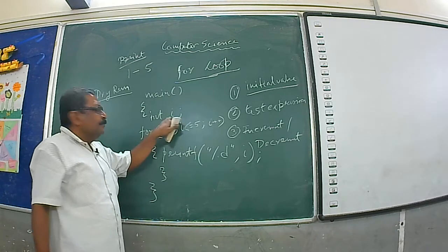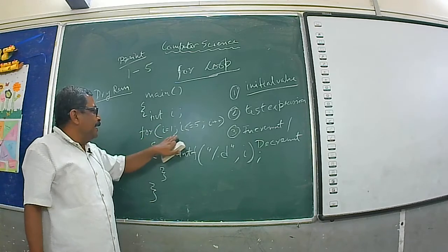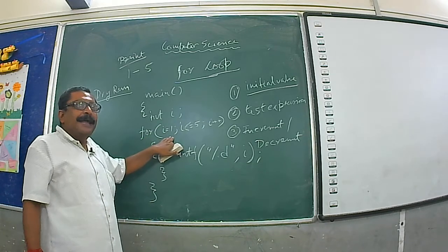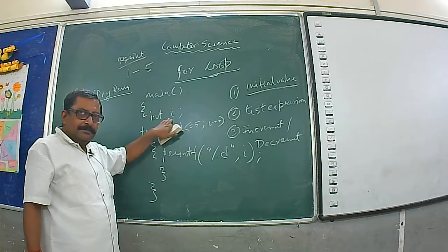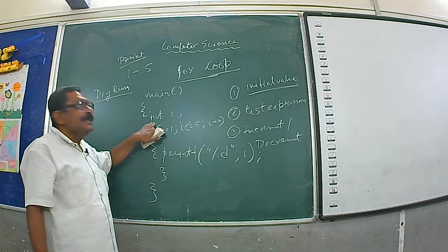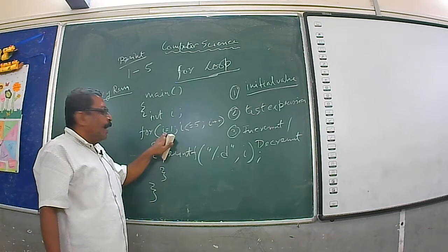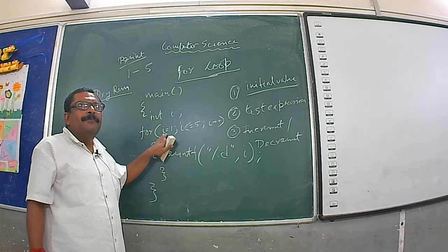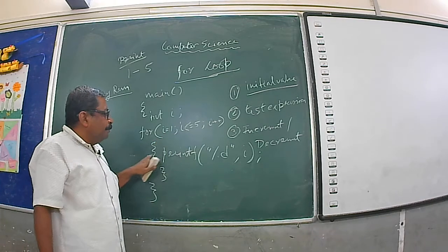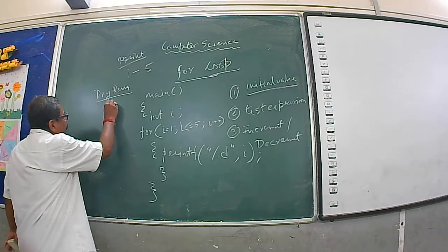So int i, that is a variable declaration, important, because you have used i within the program. That particular variable you have to declare, as well as its type, that is integer, int. i is equal to 1. First time the value of i became 1. printf percentage d i, it will print 1.